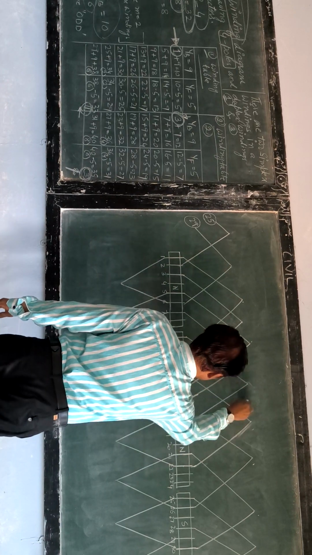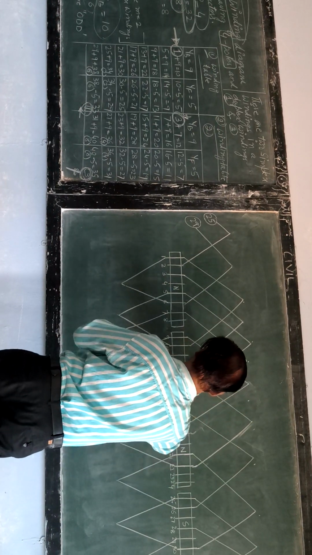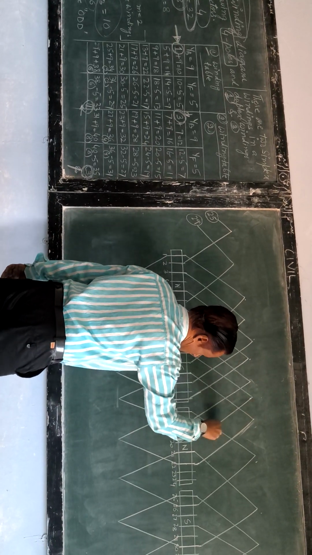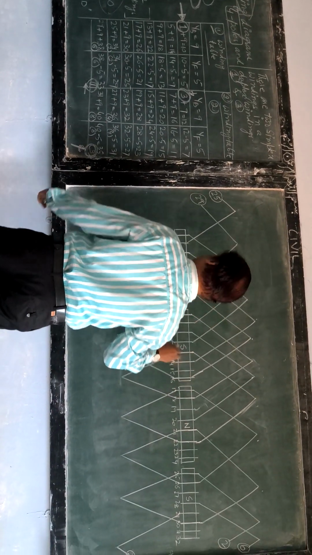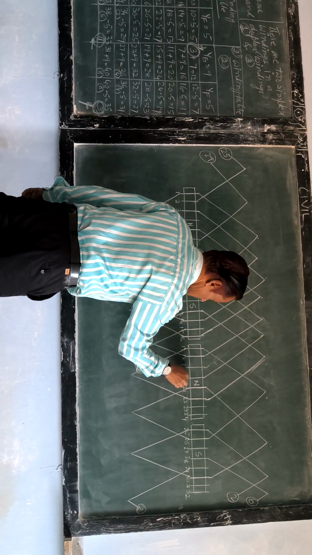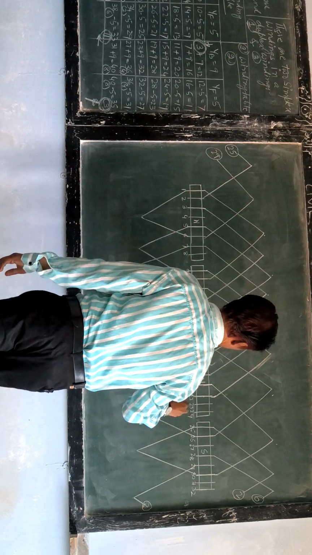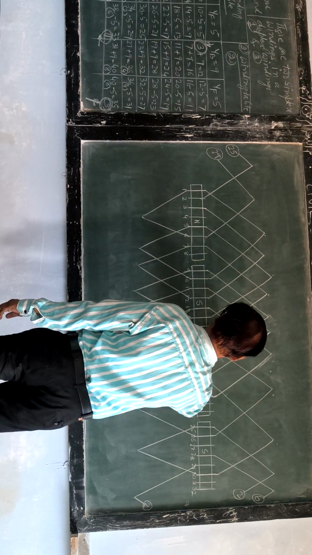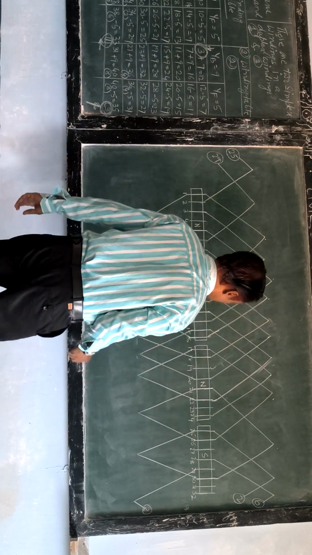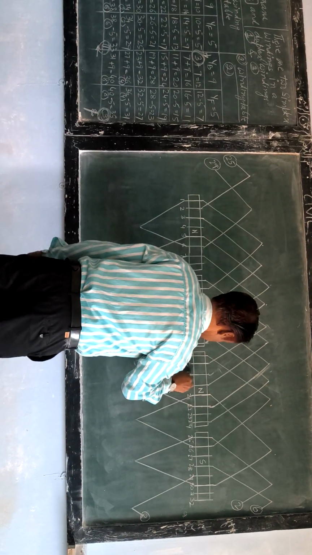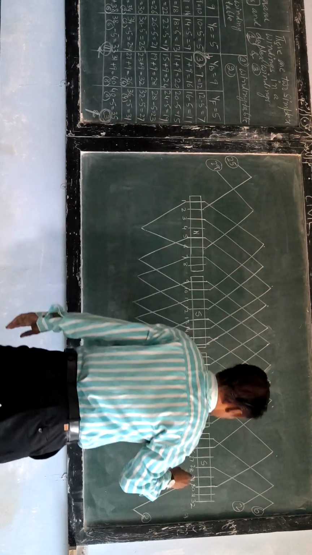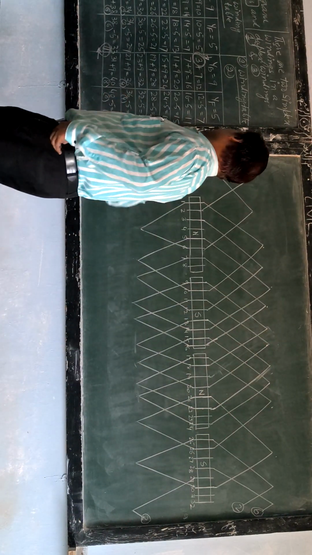Then 11 to 20. 20 back to 15. From 15 it goes to 24. 24 back to 19. 19 to 28.